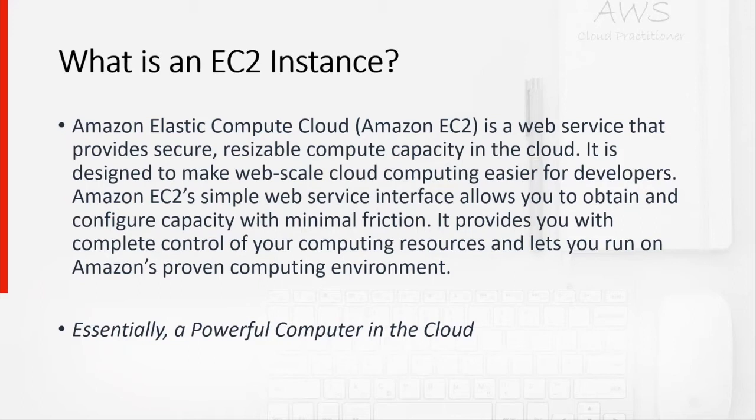It provides you with complete control of your computing resources and lets you run on Amazon's proven computing environment. Essentially, it's just a powerful computer in the cloud. So think of a computer in the cloud, or at one of Amazon's locations, that you're accessing from your computer.